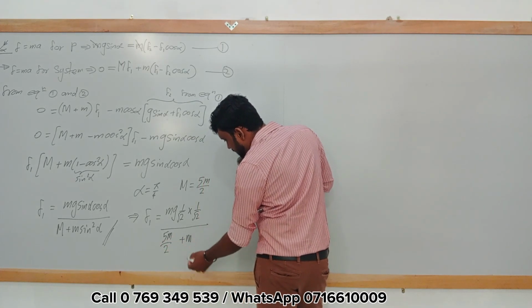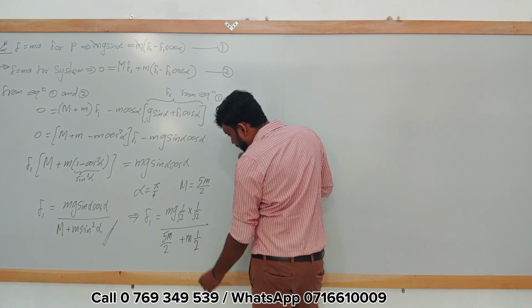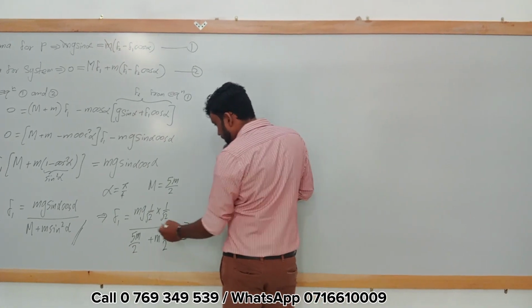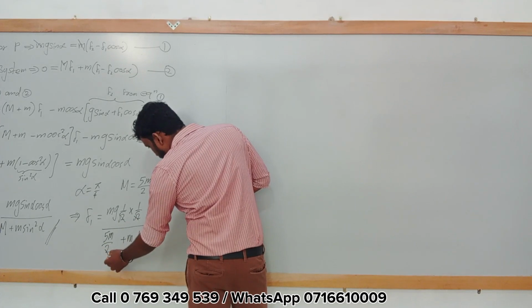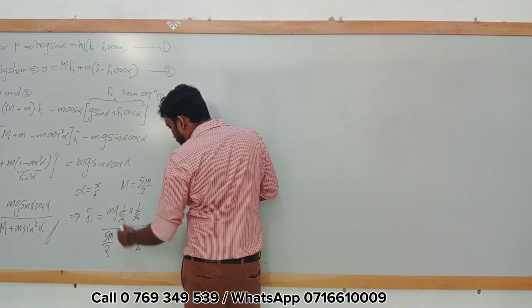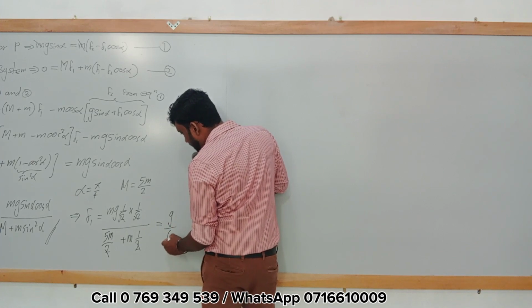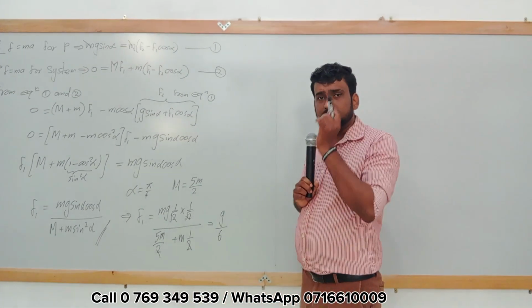Same, sin square alpha is 1 over root 2 square, 1 over 2. Then we can cut these 2 and 2, m also cut, then g divided by 6. That is the answer. That is F1.